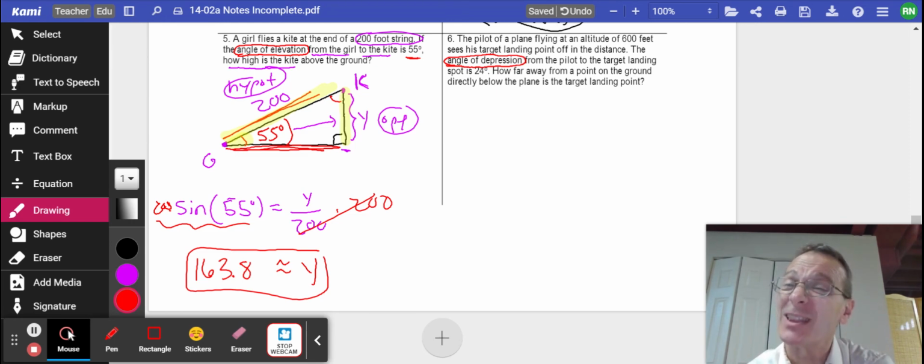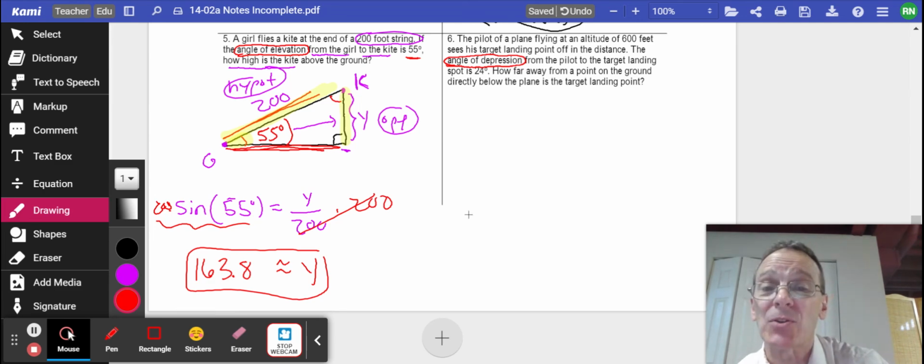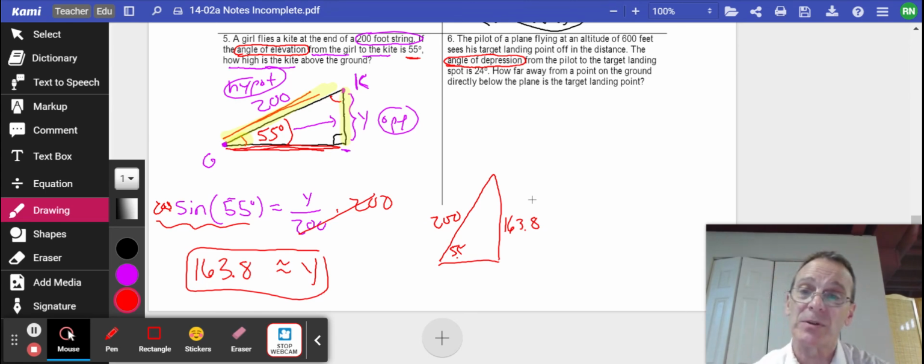Doesn't that angle look less than 45 degrees? That's why we're possibly getting fooled here, right? If we'd actually drawn a better picture, a 55-degree angle would have been something like that. And the hypotenuse is 200. And then 163.8 would look a little more reasonable here.